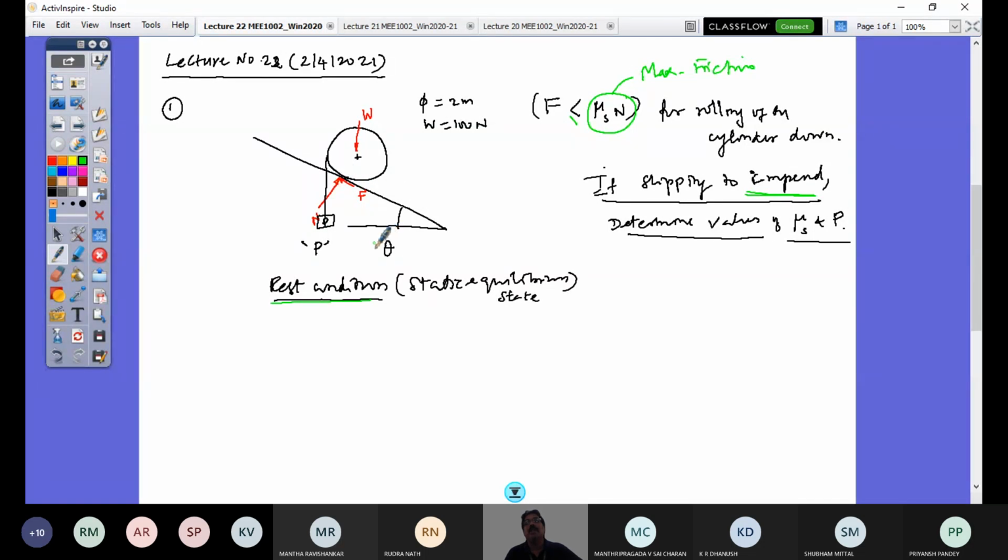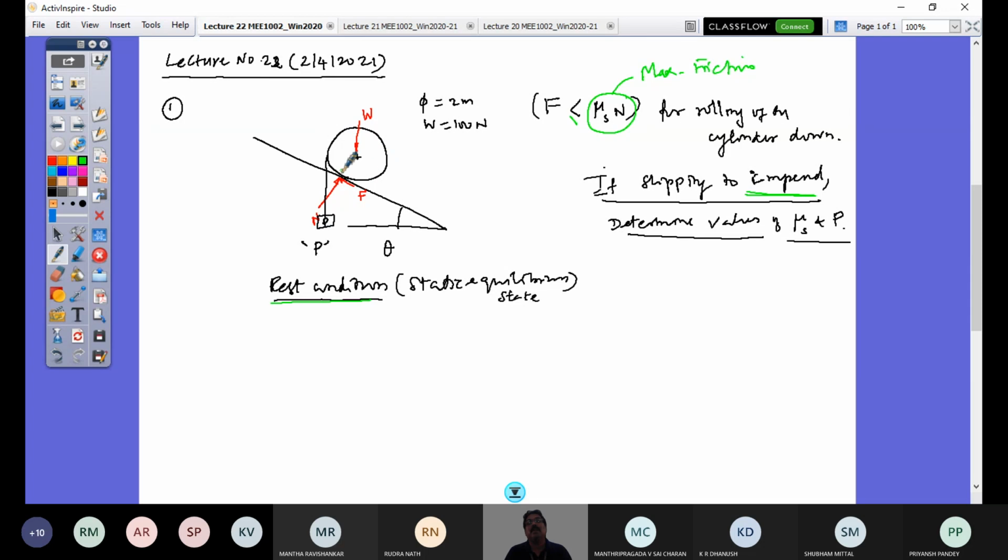The best example is when you drive a car, the traction acting at the contact of the tire with the road, the tractive force is in the forward direction.